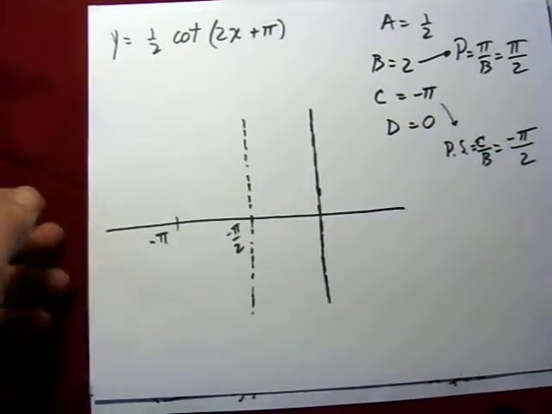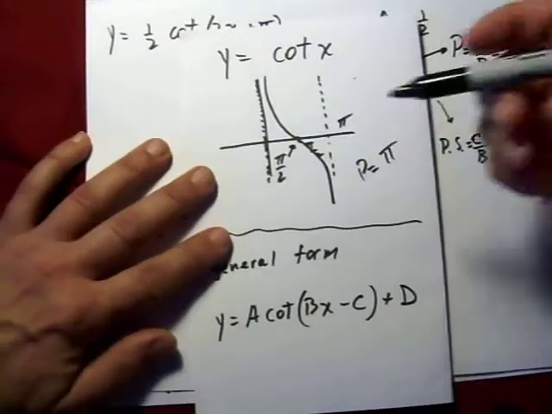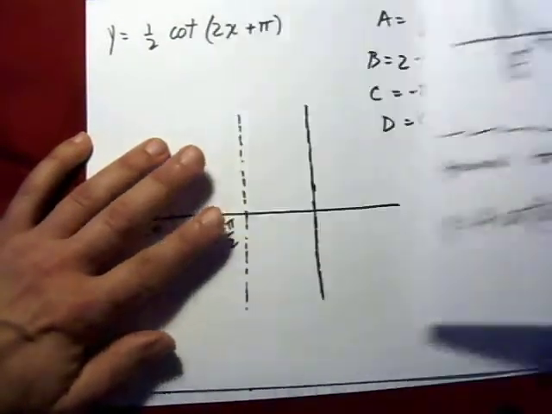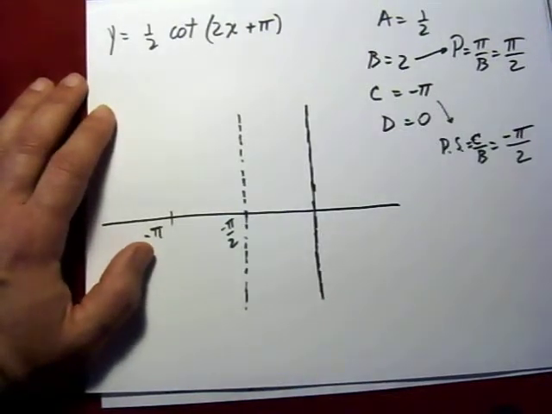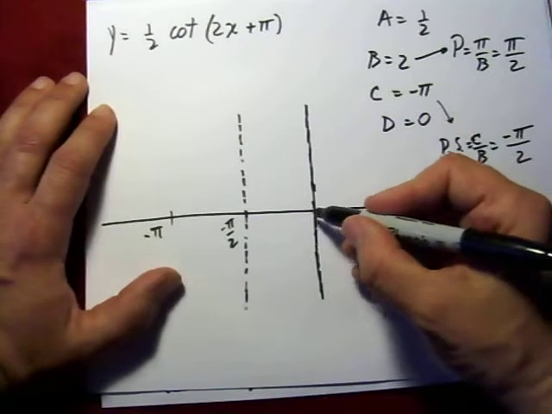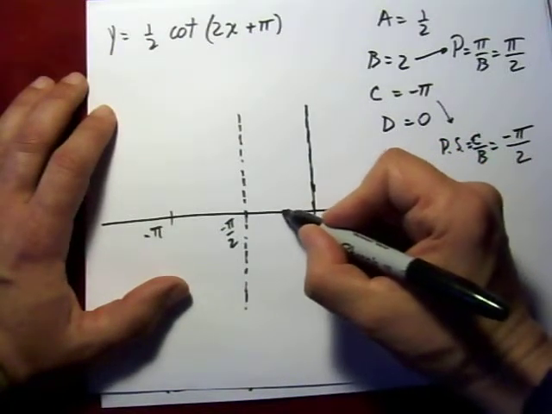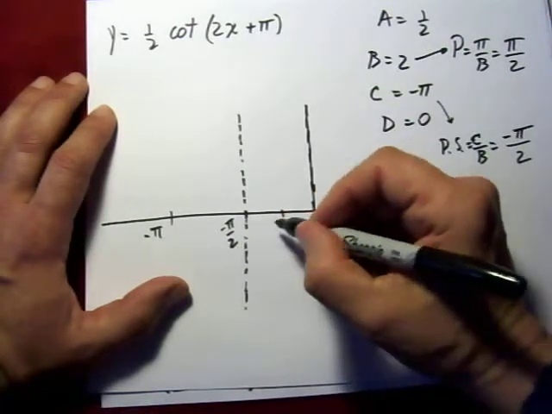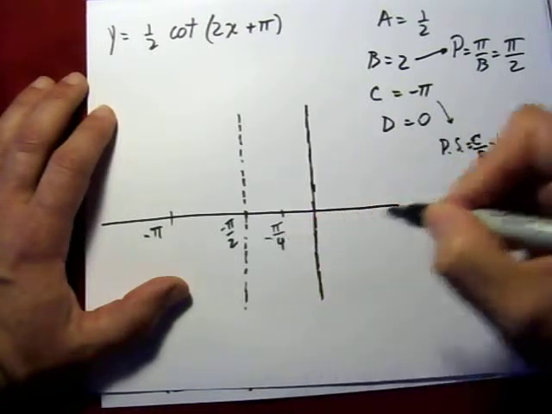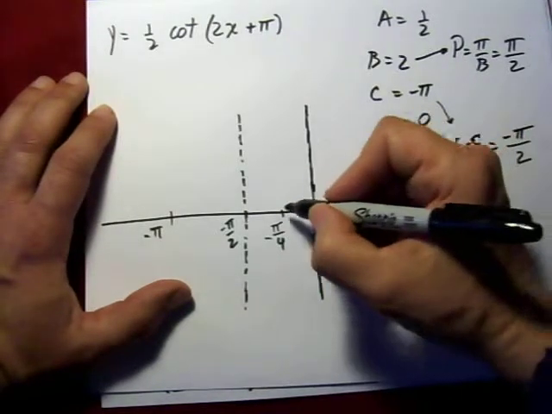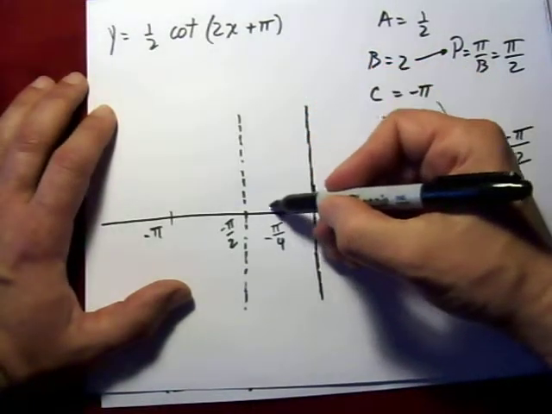Now we're trying to place this zero. In an untransformed case, the zero lay at pi over 2, but in this case it lies at the midpoint of this interval. Since this is negative pi over 2, this would be negative pi over 4. We know the function will go through this point, and generally it's going to look like this.